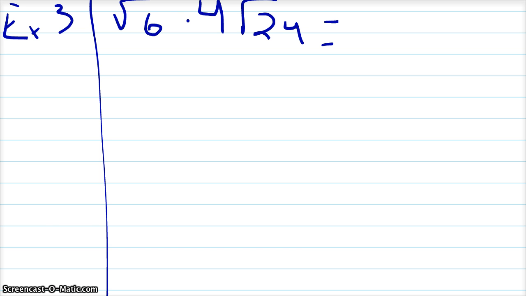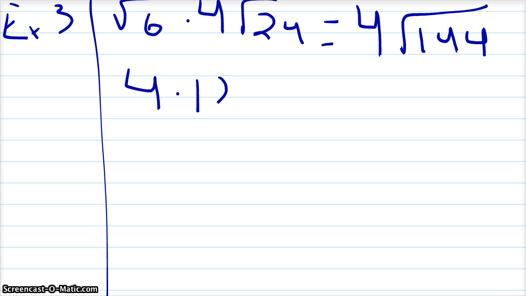Anything that's underneath the radical, you cannot multiply against something outside of the radical. So the 4 is the only thing that's outside the radical, so it just stays 4. And then 24 times 6 is underneath the radical, so you can multiply that together and you would get 144. Now you should know the square root of 144 without us doing the factor tree. So the square root of 144 is 12, so I would have 4 times 12 equals 48.